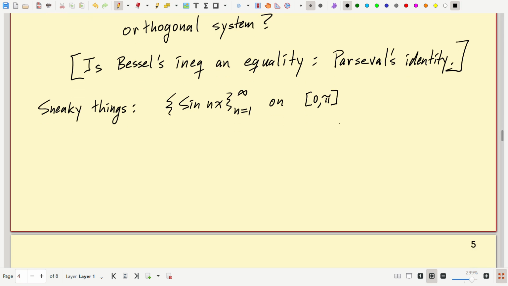When we looked at that, what did we do? We had a function f and I extended it to be odd. And then I extended it to be 2 pi periodic. And the full Fourier series for that function had no cosine terms.